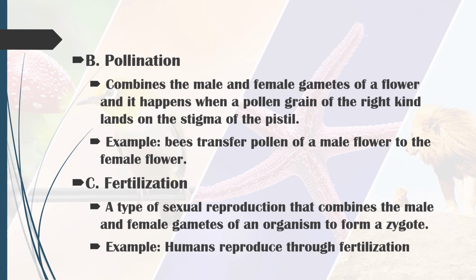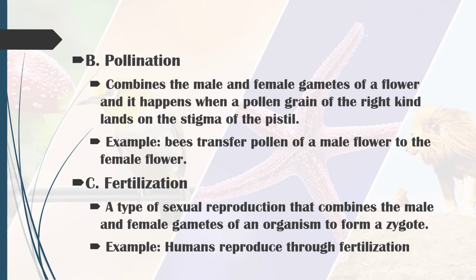Have you seen this in the squash plant or in any flowers, right? This is through the process of pollination when the bee is the transfer medium in order to transfer the pollen of a male flower to a female flower.